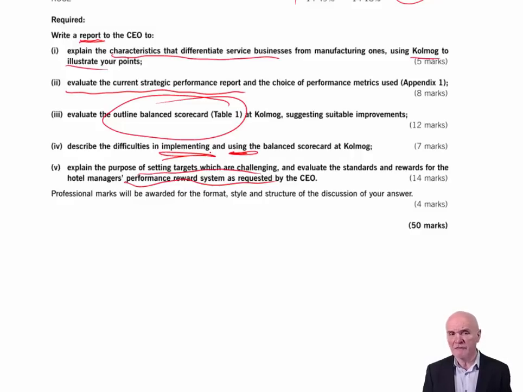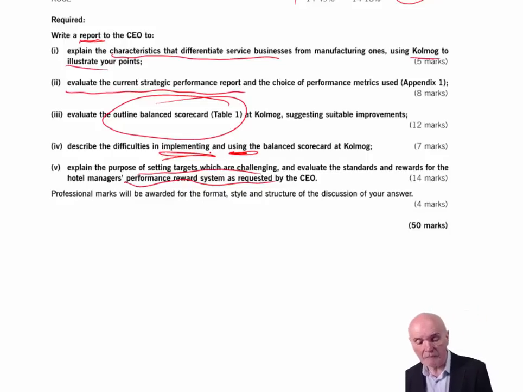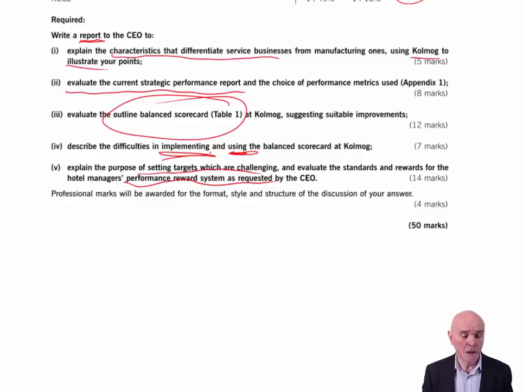You could easily get up to 25, 30 different metrics, and that can be very difficult to keep them all alive, if you like, and we could almost get into overkill. So we have to decide what we're going to measure for, say, innovation and learning, and we have to be careful to choose measures or metrics which are going to be effective.